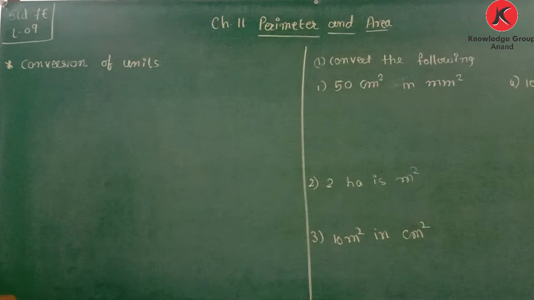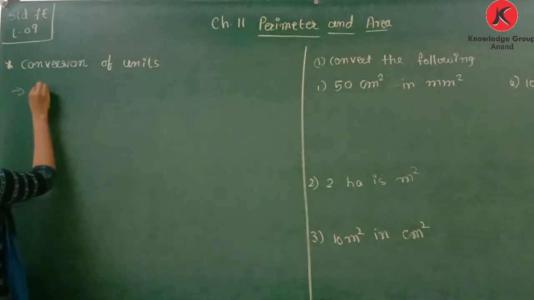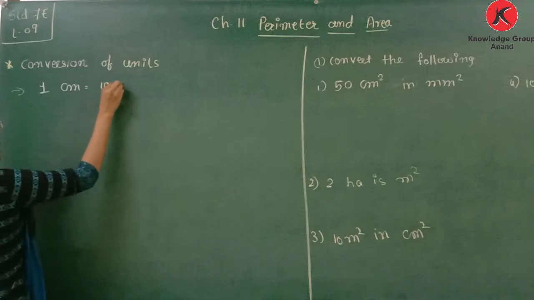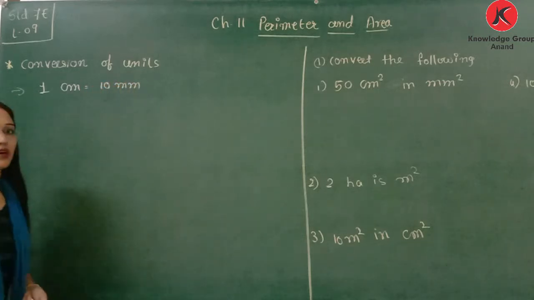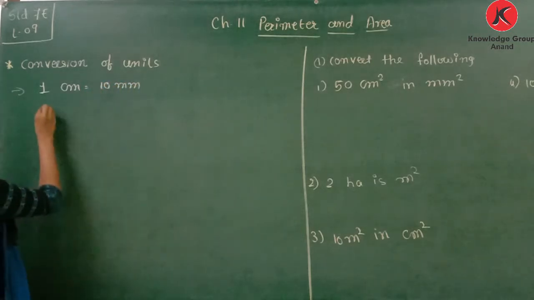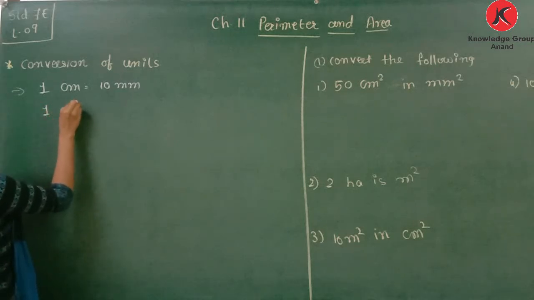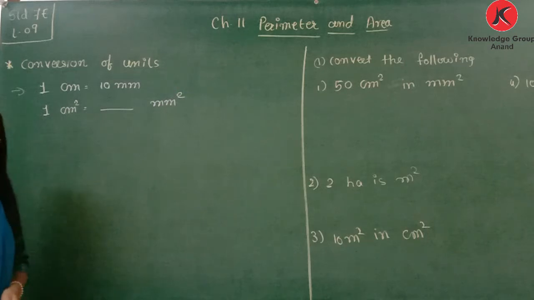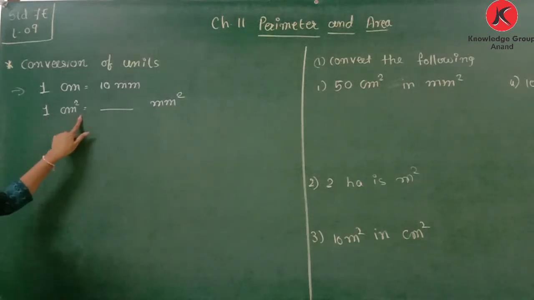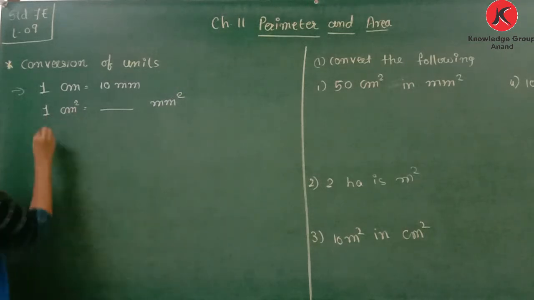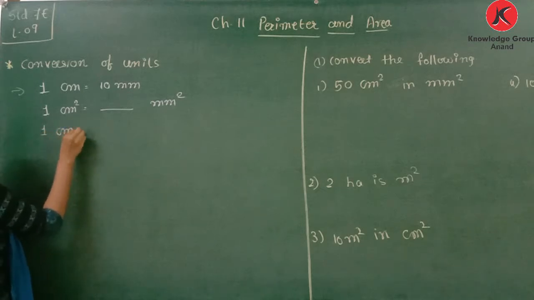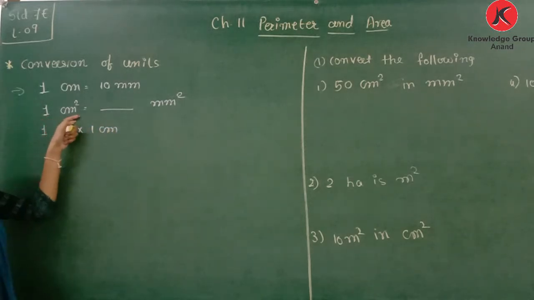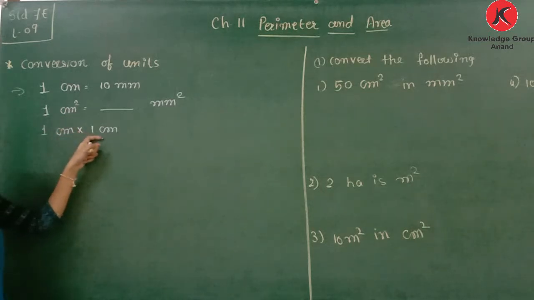Okay. So first, we know that 1 centimeter is equal to 10 mm. Now if we want to find 1 centimeter square is equal to how much mm square? For that, 1 centimeter square means 1 centimeter multiply 1 centimeter.